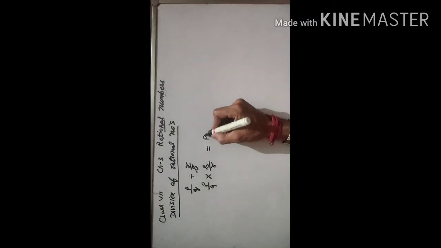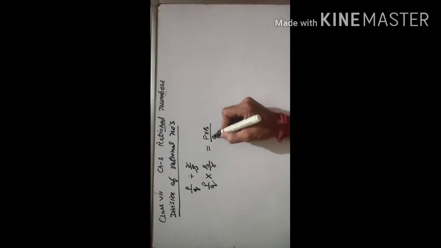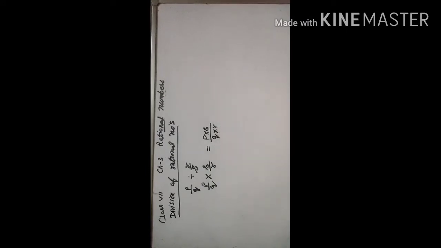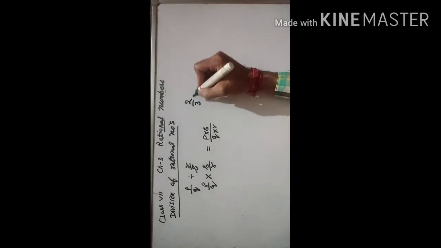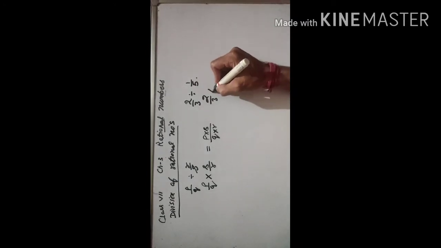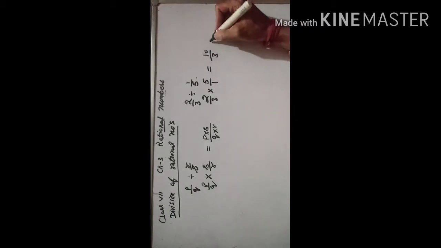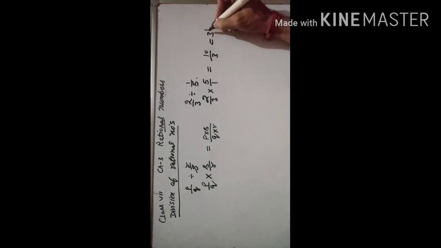So it is p into s over q into r. For example, 2 by 3 divided by 1 by 5 is 2 by 3 into 5 by 1, that is 10 by 3, that is 3 1 by 3.